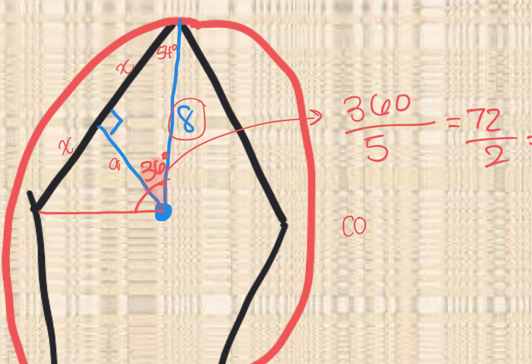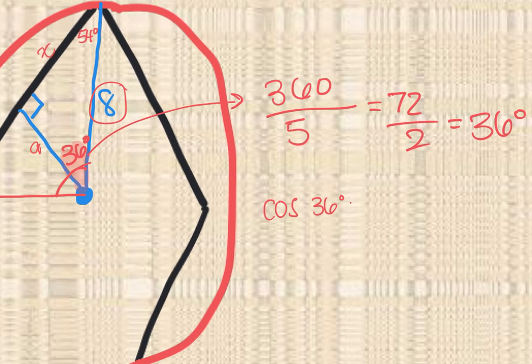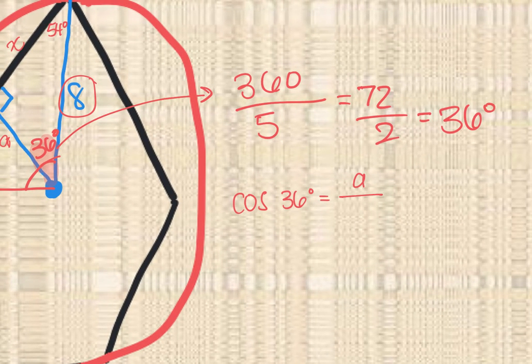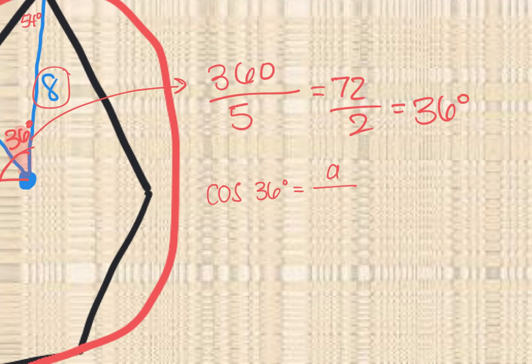We can use the cosine of 36 degrees is equal to the adjacent leg, which is little a, the apothem, over the hypotenuse, which is 8. You can cross multiply. You would get a is equal to the cosine of 36 degrees times 8. So a is equal to cosine 36 multiplied by 8, 6.5.